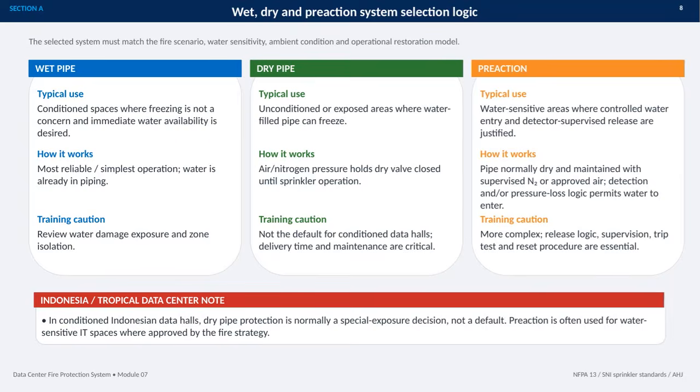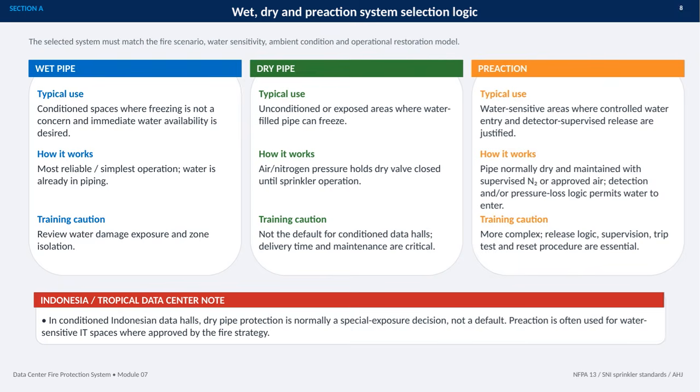This slide provides the system selection logic for wet pipe, dry pipe, and pre-action protection. The key principle is that the selected system must match the fire scenario, water sensitivity, ambient conditions, and restoration model. Wet pipe is typically used in conditioned spaces where freezing is not a concern and immediate water availability is important. Because the piping is already filled, it offers the simplest and most reliable operation.